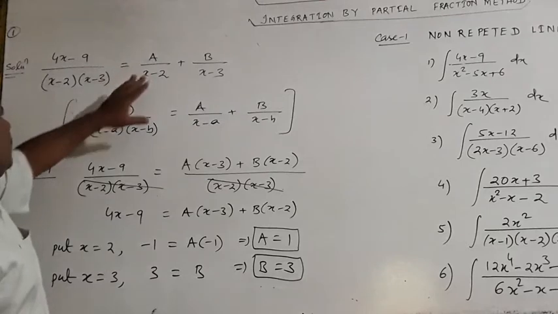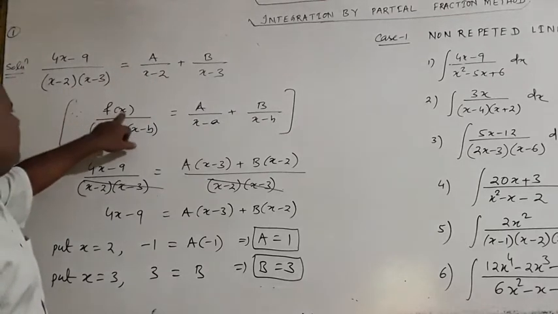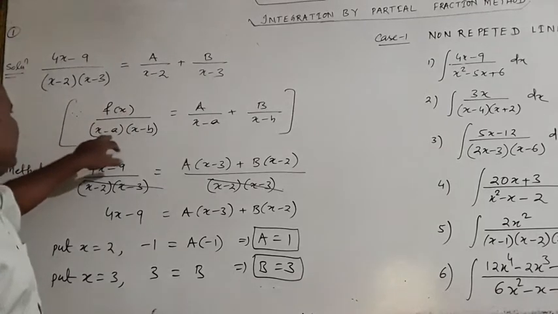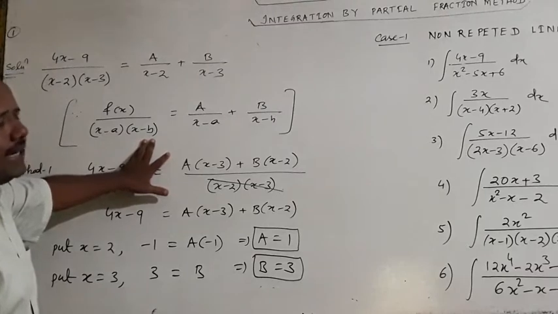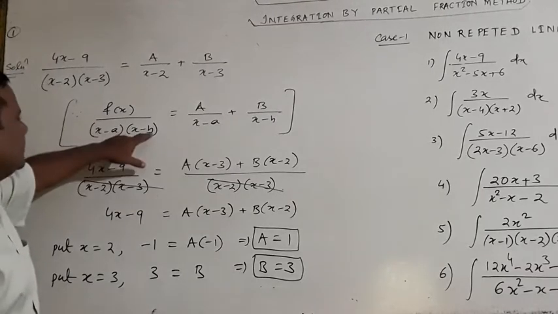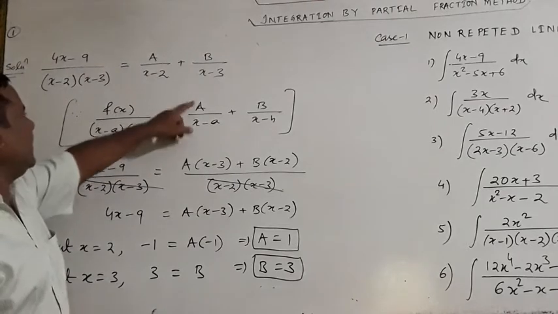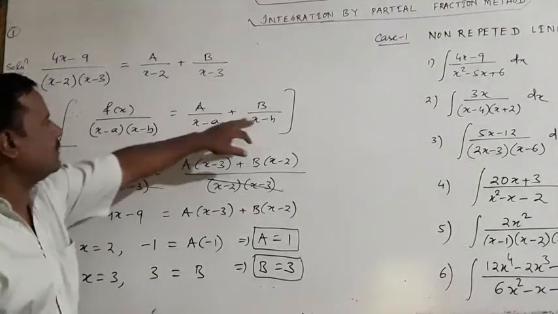Is equal to what? Remember my case 1 condition. If the numerator is f(x) and φ(x) is (x − a)(x − b), suppose it is (x − a)(x − b), it is A/(x − a) plus B/(x − b).